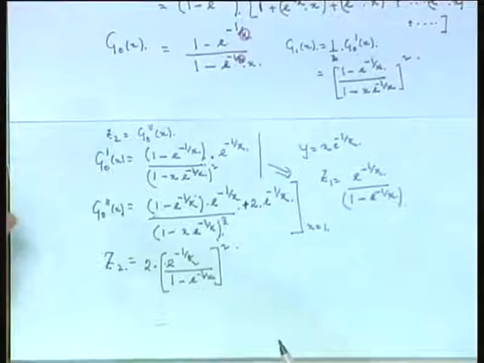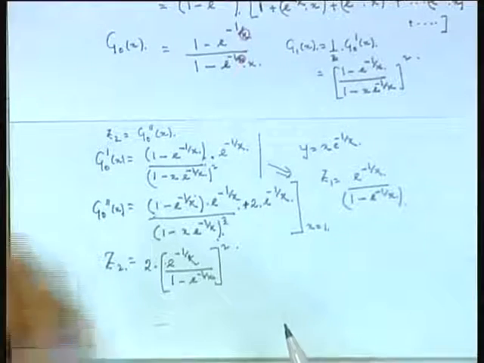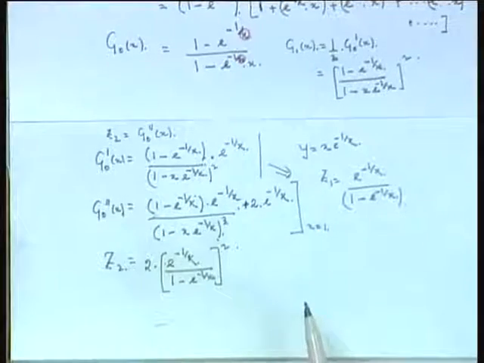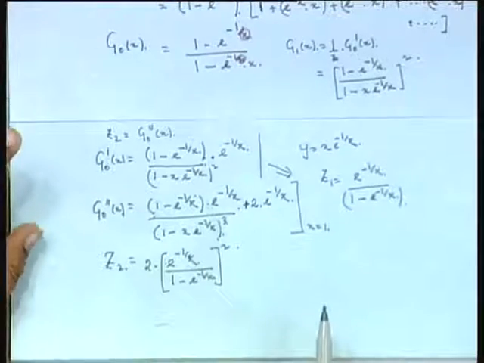What is interesting, what we will show after sometime, is that if you know Z2 and Z1 of a graph, okay, you can almost predict everything. You can predict the diameter just by knowing Z2 and Z1. Okay. We will come to that calculation later, but is this clear?